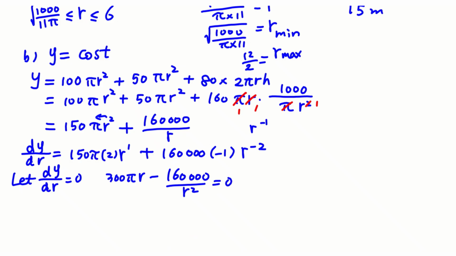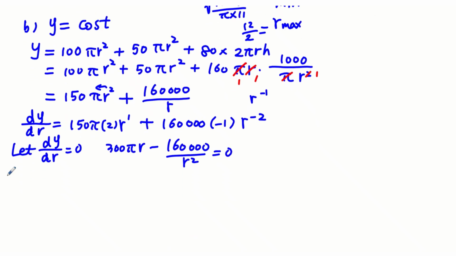We don't want to see the denominator, so we want to multiply each term by r squared. Then r squared cancels out. We will have no denominator.